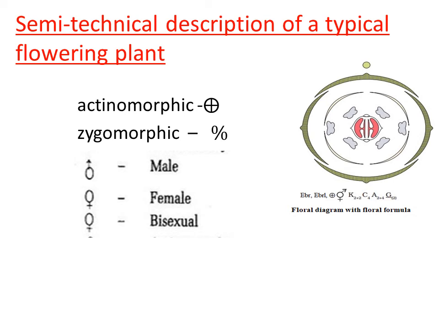While writing the calyx and corolla, we should first understand the kind of arrangement, that means the type of aestivation. In the mustard flower, the calyx is showing imbricate aestivation. So 4 sepals are present, showing imbricate aestivation.